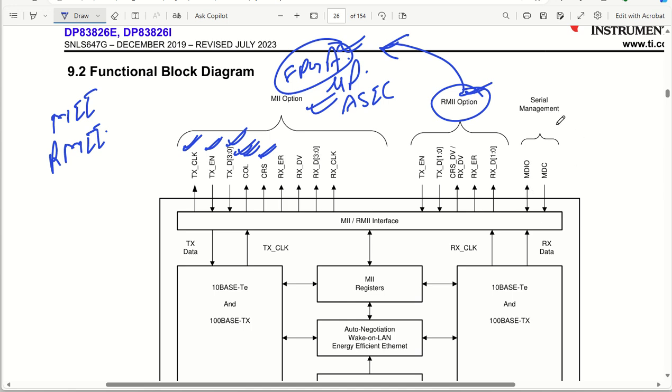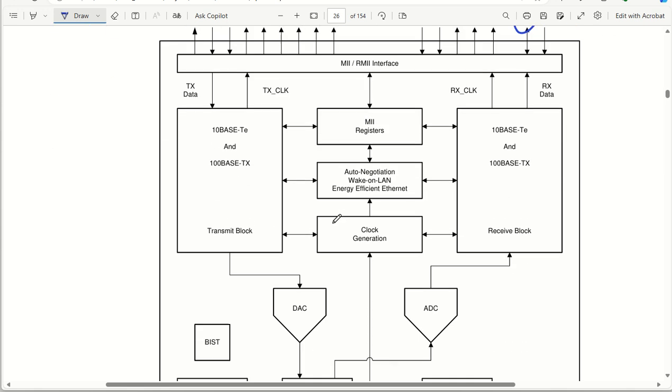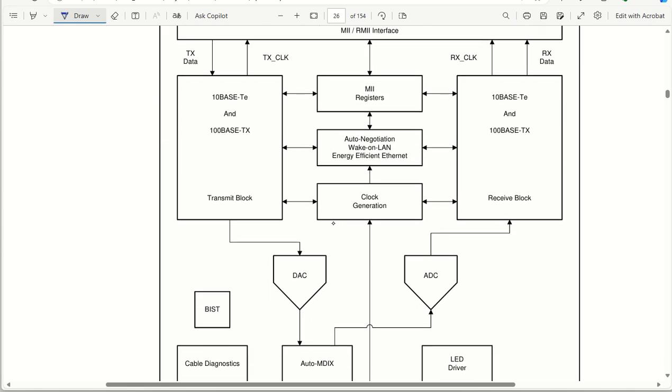If you talk about serial management, serial management is basically utilized for addressing the MAC devices or MAC addresses, and these are two wire connections, that is one is the management data IO line and the other is the management data clock line. The management data IO line will be bidirectional and the clock line will come from the MAC to the Ethernet PHY IC. So this is the block diagram that you can see. Coming back to the internal part, you have two connections.